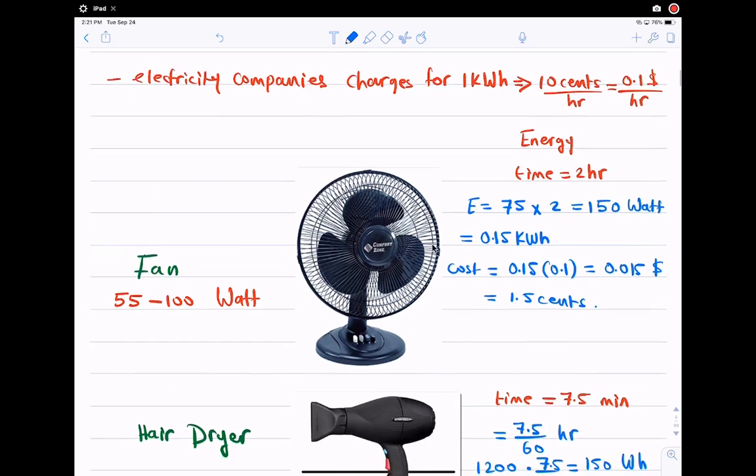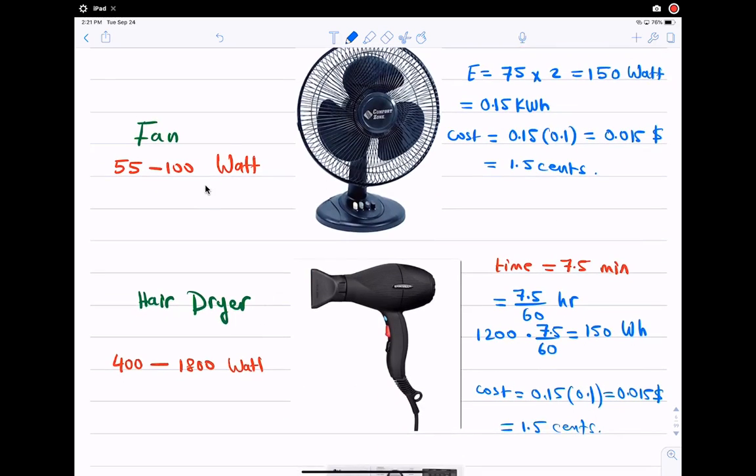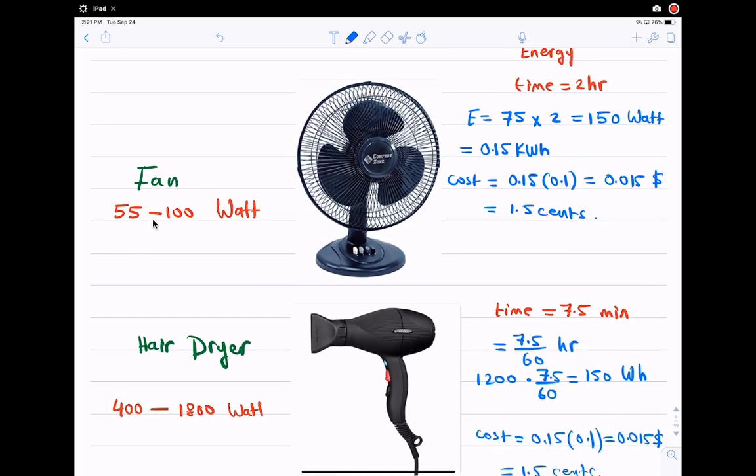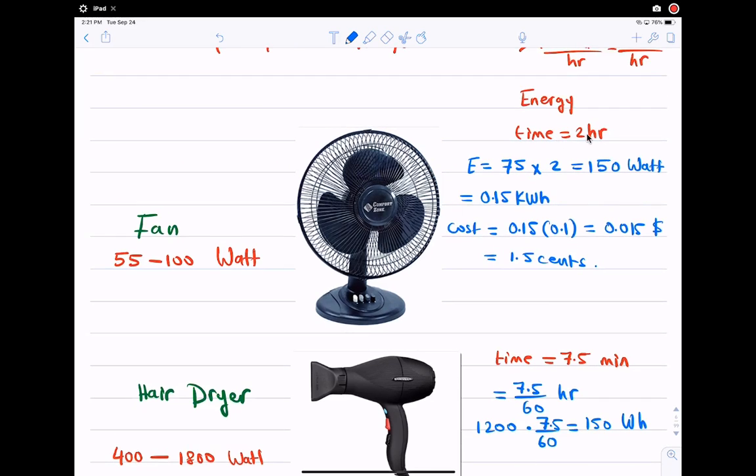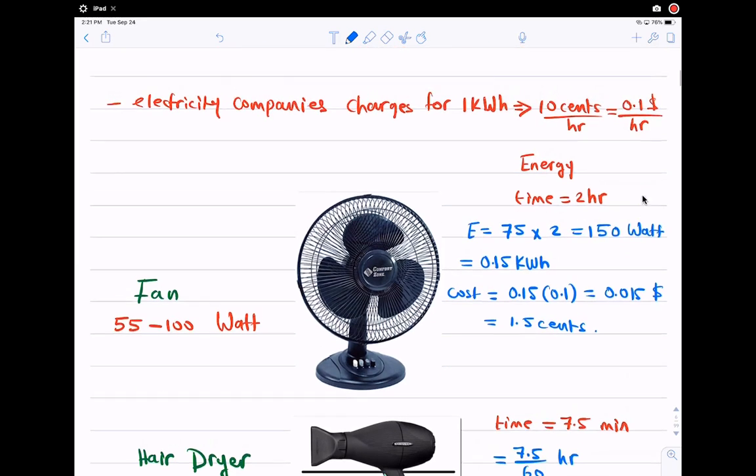So if I take these 3 examples and work on the average power, the average power here is 75. If we use this machine for 2 hours, that means 75 times 2 is 150. If you want to convert it to kilowatt hour, you have to divide by 1000.